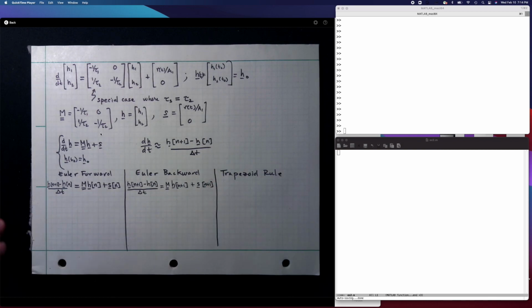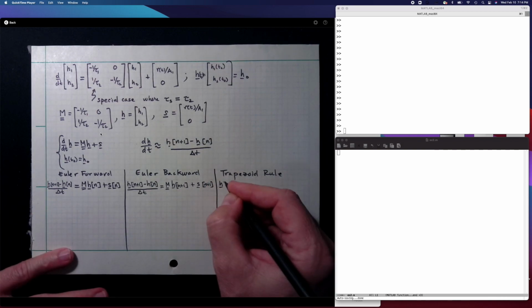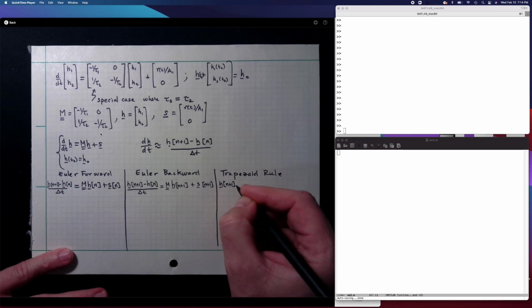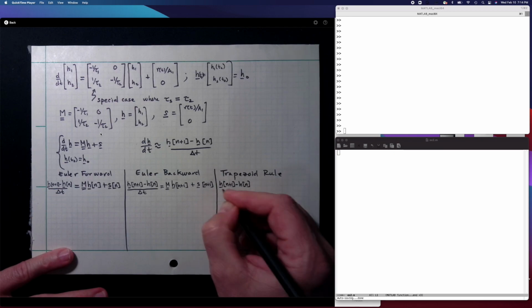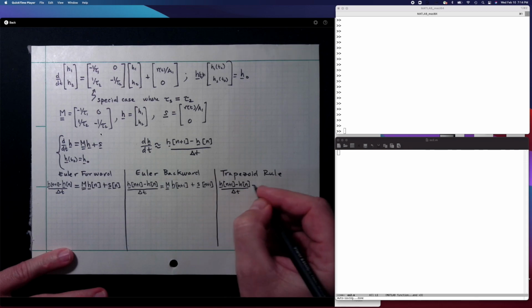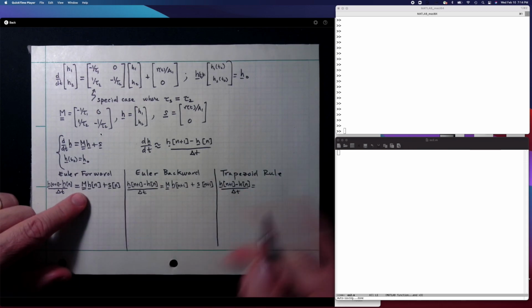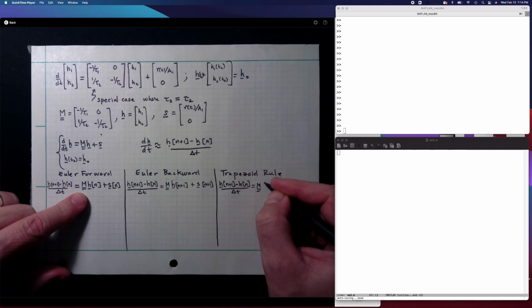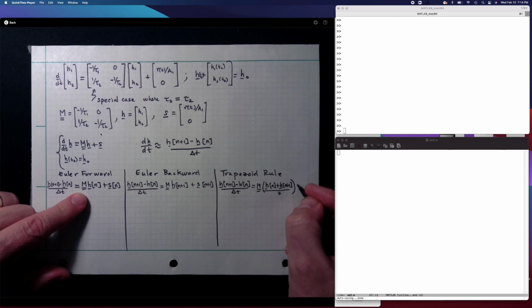And finally the trapezoid rule, h at time step n plus 1 minus h at time step n divided by delta t is equal to the average of these two. So that will be m times h at n plus h at n plus 1 divided by 2, plus s at n plus s at n plus 1 divided by 2.